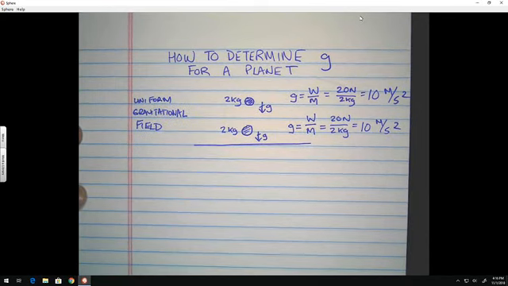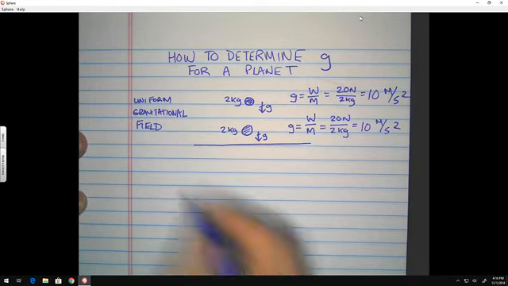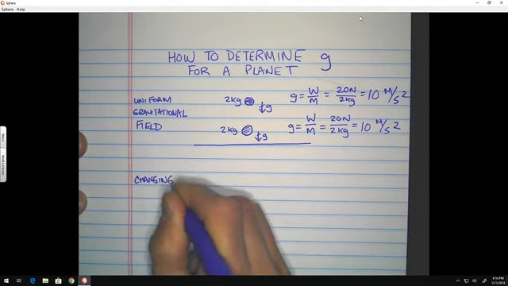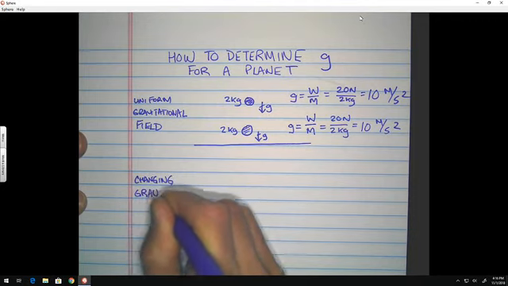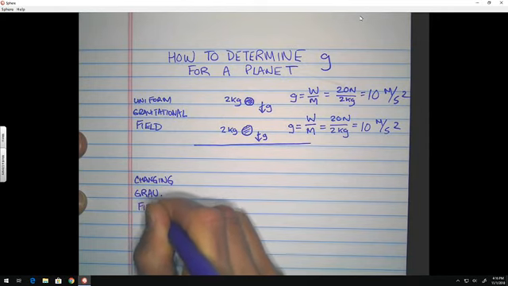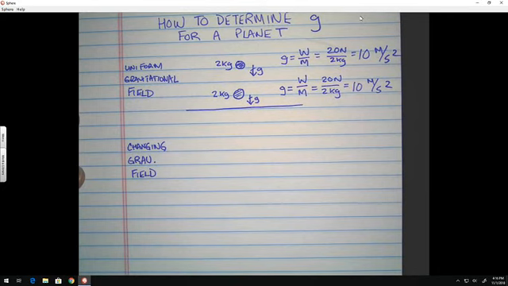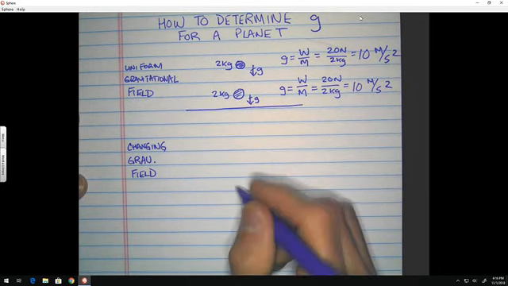Now let's look at the case where you have larger changes in position for an object. So now we're going to look at a case for a changing gravitational field. And the question would be, how does that happen? Now you have to expand your thinking and think about big changes.